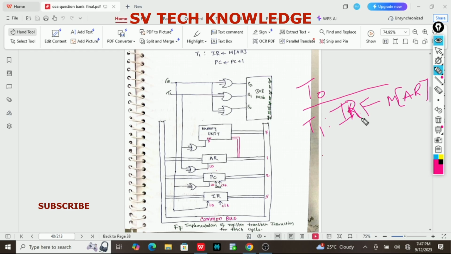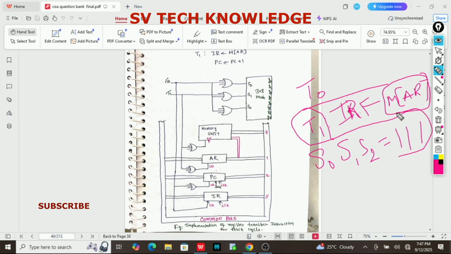This will happen when S0, S1, S2 is 1, 1, 1. The contents of the memory address register will be transferred to the instruction register and be ready to execute. The contents of the common bus are transferred to IR by enabling its LD.